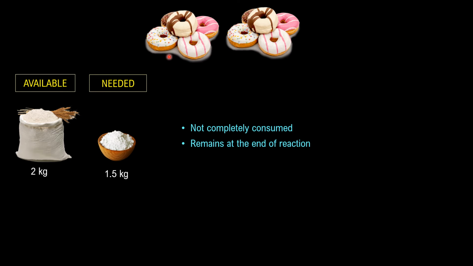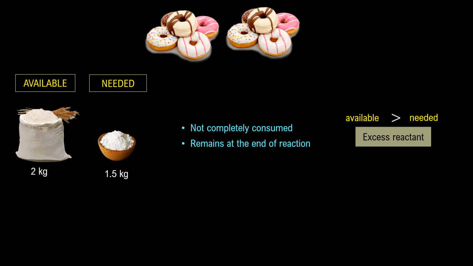Dia ada baki lagi 500 gram lepas dah siap buat 10 biji donat ni. So, tepung dekat dapur kita tu dikira sebagai excess reactant sebab dia tak habis guna dan masih ada baki. So, konsepnya adalah kalaulah mole available iaitu mole yang kita ada lebih besar nilainya berbanding mole needed iaitu mole yang kita perlukan, so reactant tersebut dikira sebagai excess reactant.